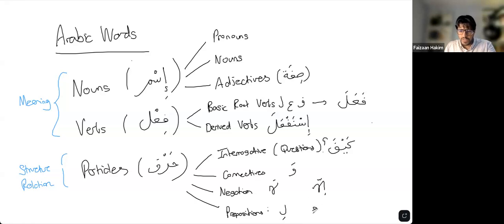You have fi, fi means in. You have ala, which means upon, and so on and so forth. So if you learn this, it is very important. You know the different types of words there are in the Arabic language.